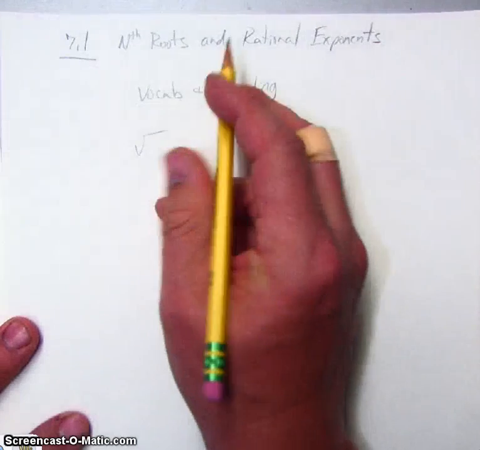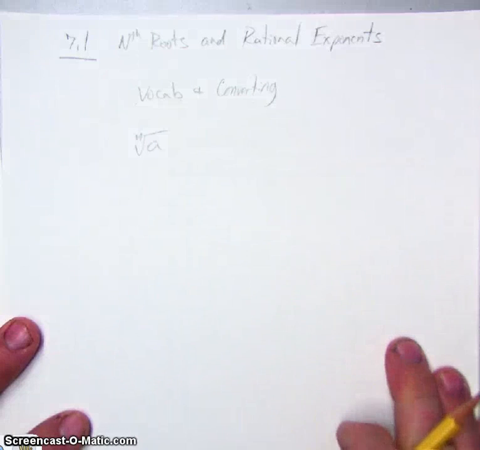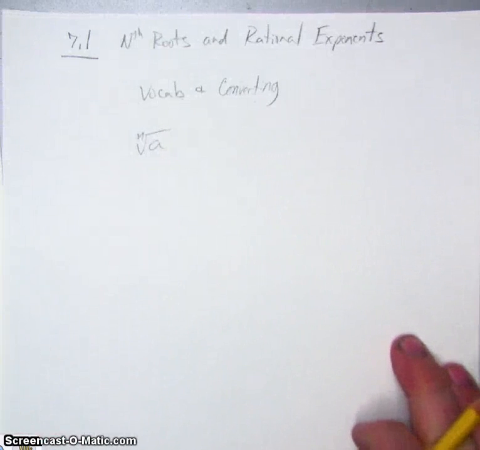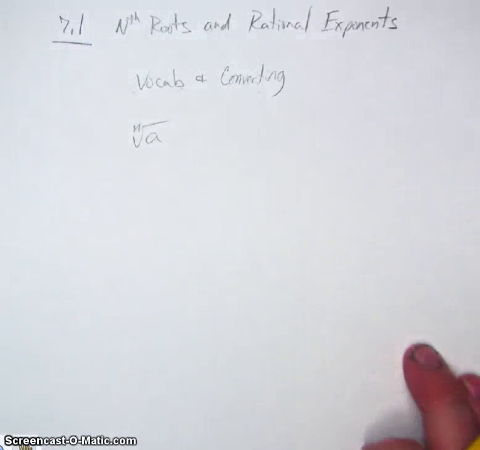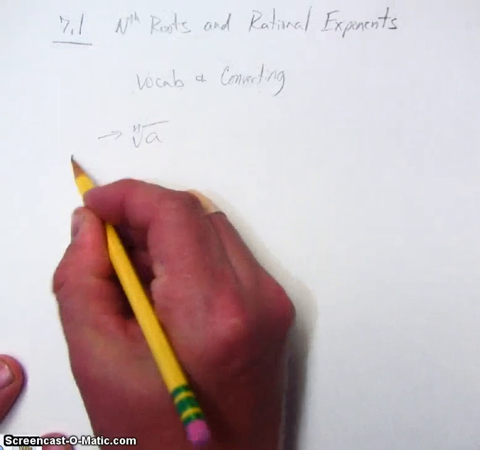Nth roots and rational exponents will take on the characteristic of something like this. The n is called your index.